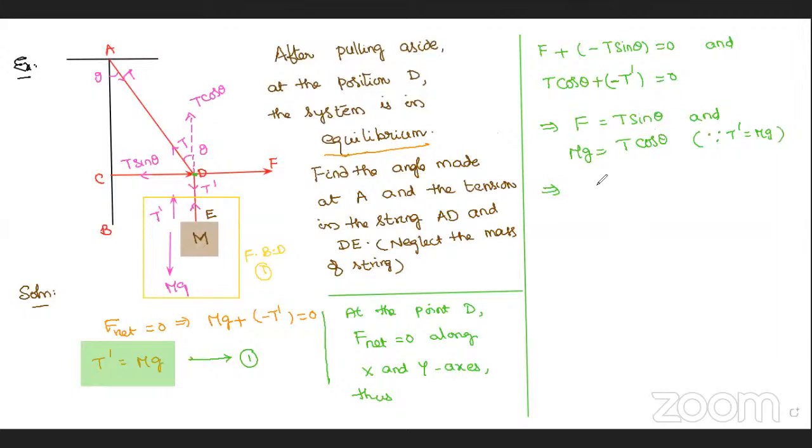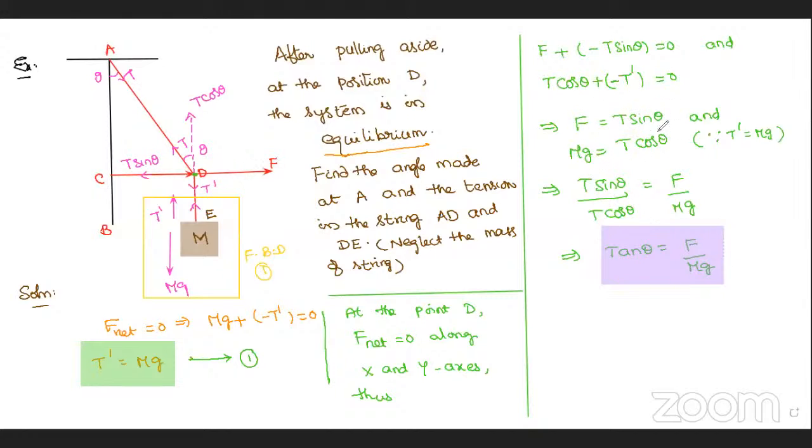T sine theta by T cos theta equals F by mg. So T gets cancelled. I'm getting tan theta equals F by mg. Is it correct, or is there any correction? Correct. Okay, good.